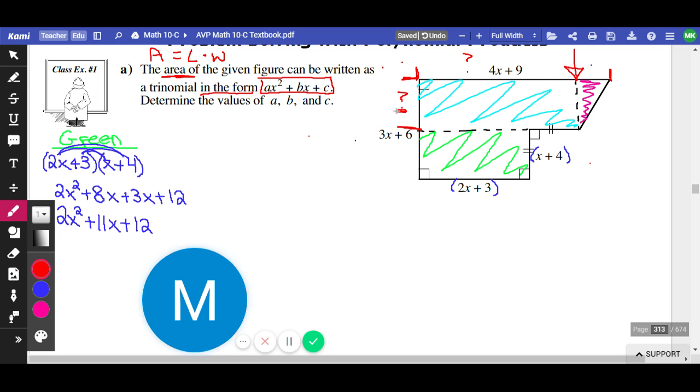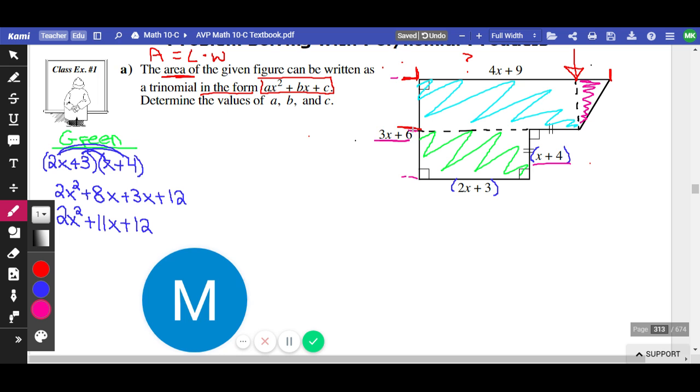If I wanted to figure out that gap, what I would do is realize that the entire graph is 3x plus 6. They told me it's 3x plus 6 from here to here, and I know it's x plus 4 from here to there.